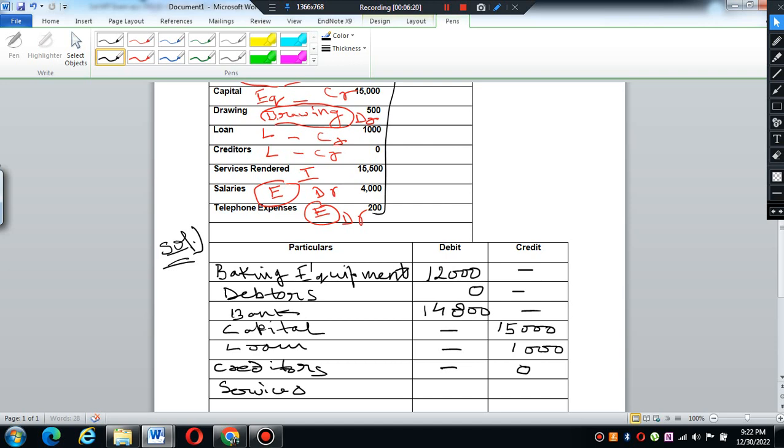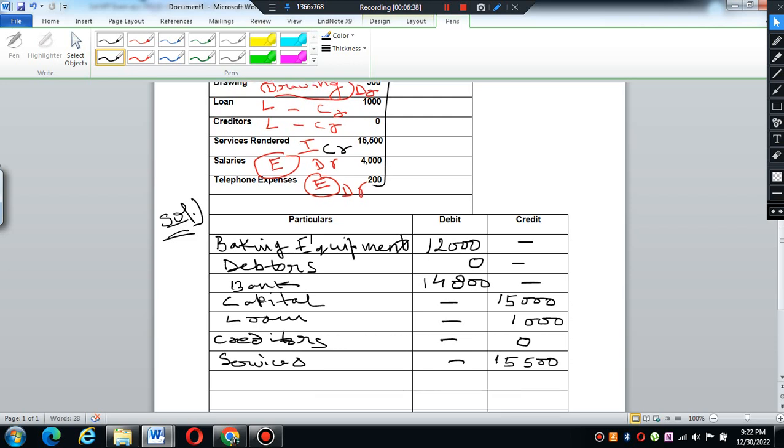This is an income, and income is written on the credit side, 15,500. Then salaries, an expense, you write 4,000 on the debit side. Telephone expense is 200, an expense, so it is written on the debit side.